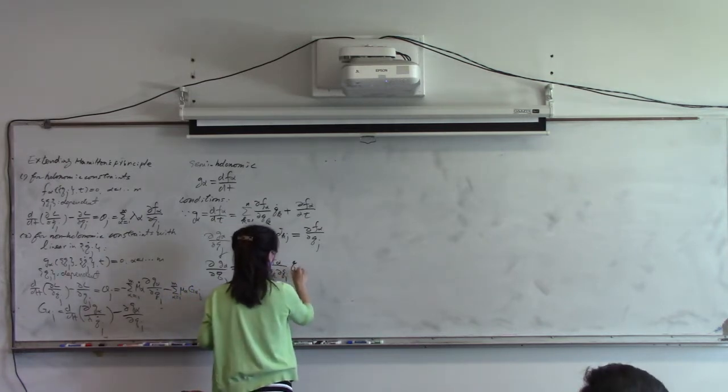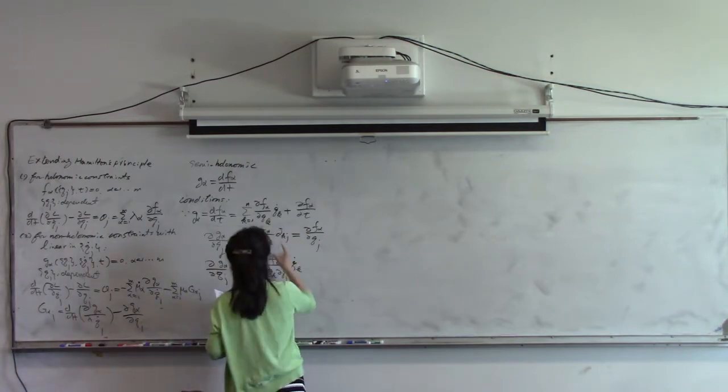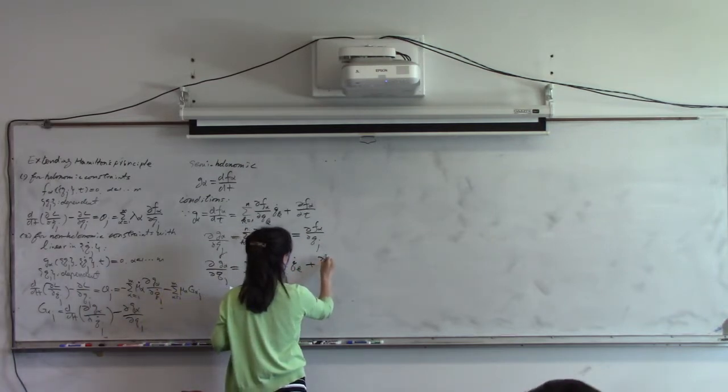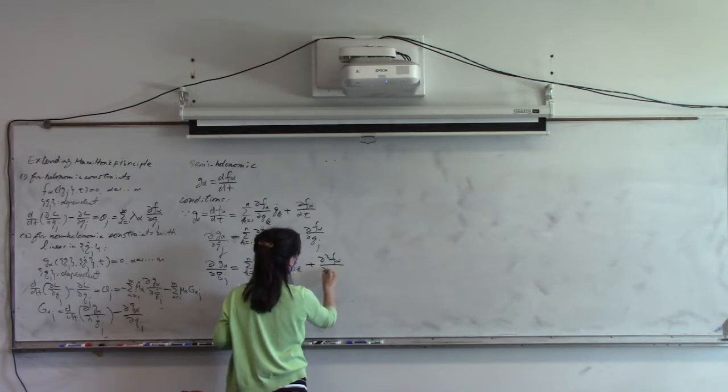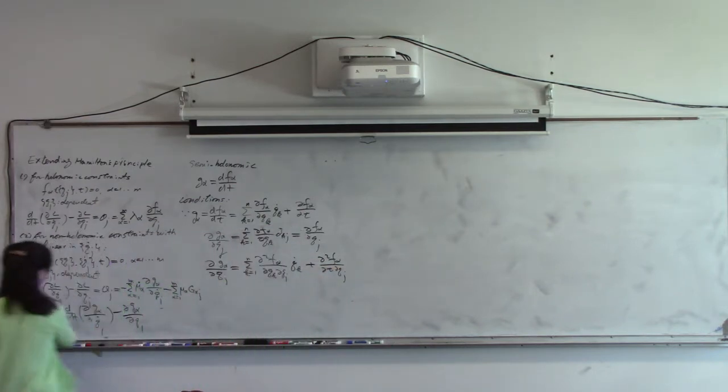And this one does not belong, so this is still kept. Then we go to this one, right? This one is also a second order derivative, partial p, partial j. Now we look at this one, right?